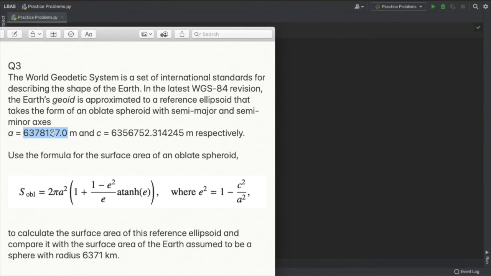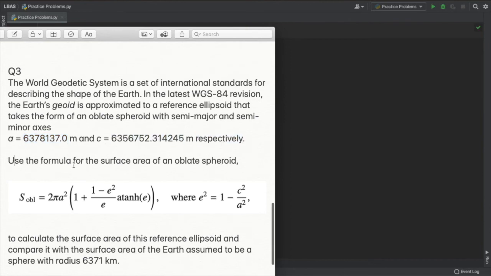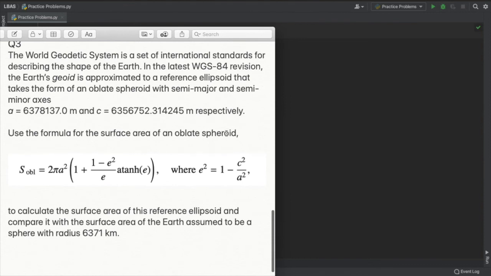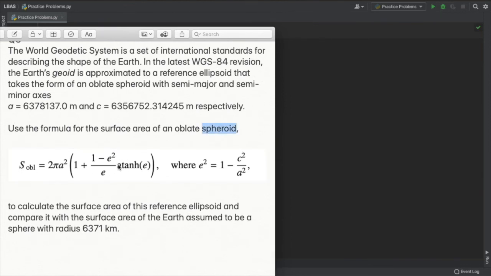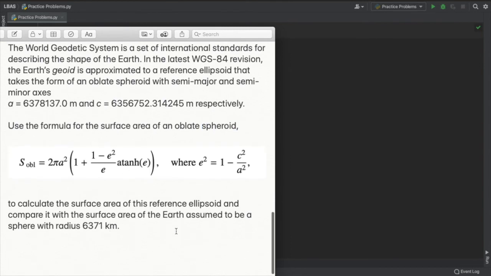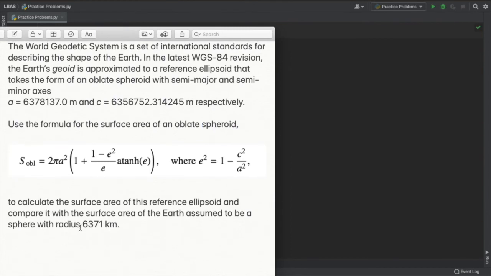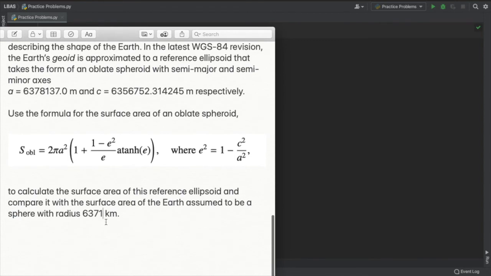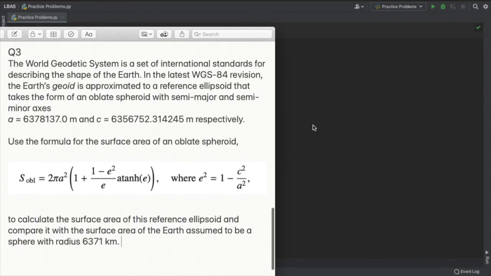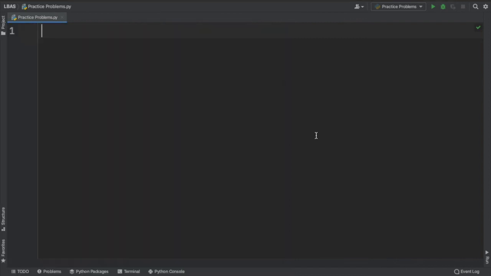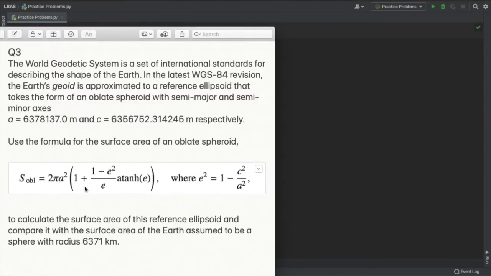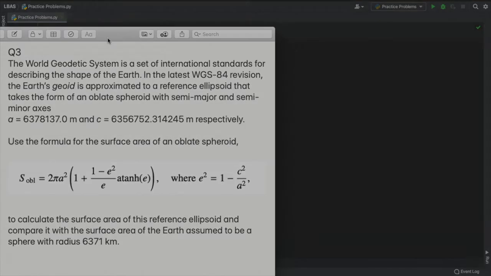This is a semi-major and this is a semi-minor, respectively. Use the formula to calculate the surface area of the spheroid, and then compare it by assuming the Earth to be a sphere. This isn't too much. The only thing we should be worried about is writing this formula.